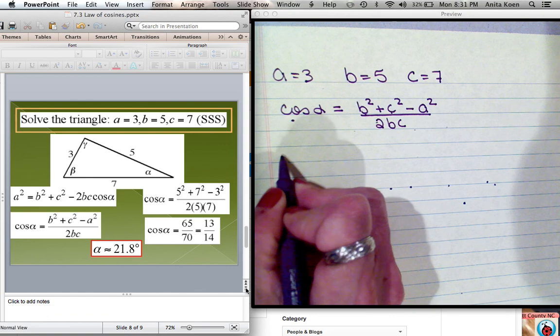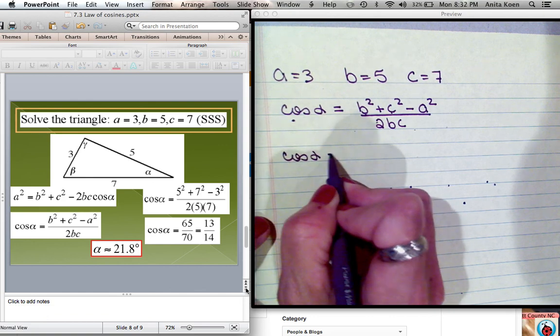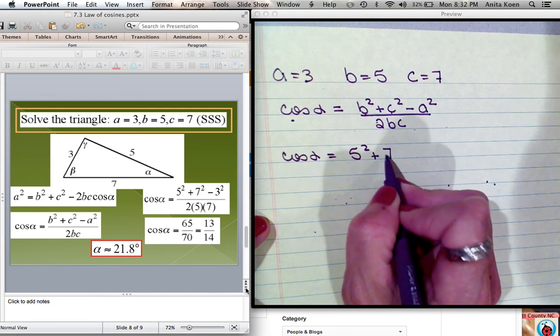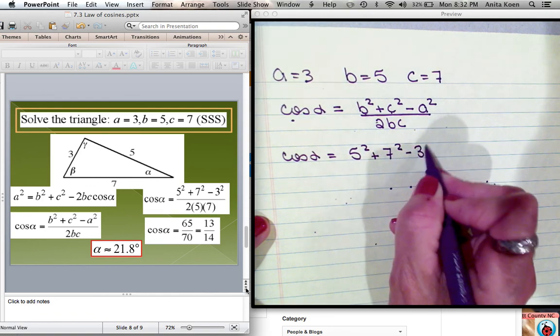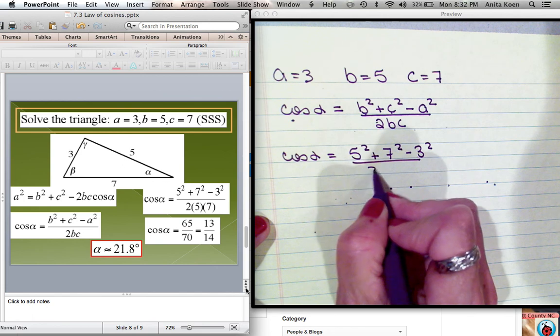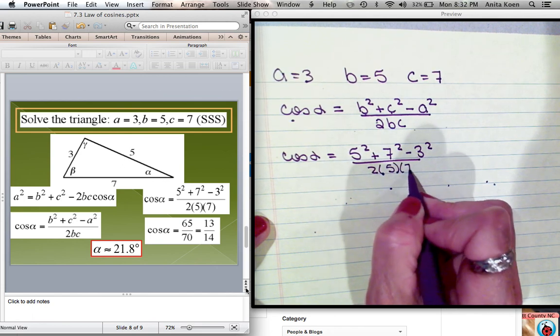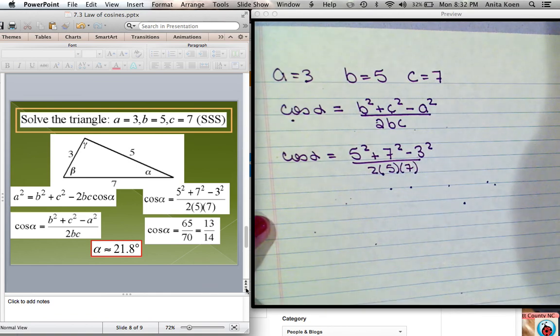So now we can say, well, the cosine of alpha in this case is going to be 5 squared plus 7 squared minus 3 squared over 2 times 5 times 7. And then we're going to take that to the calculator.